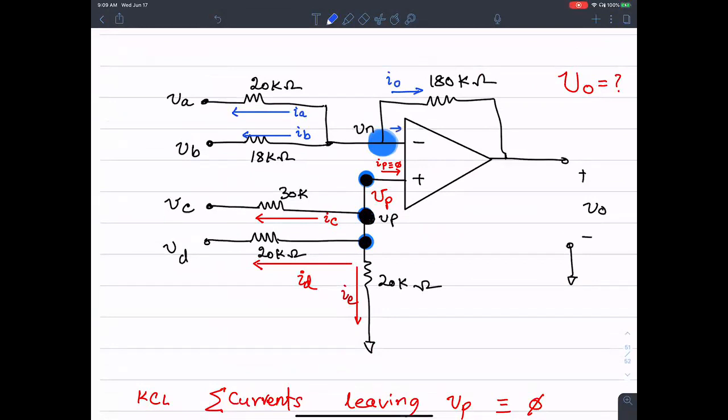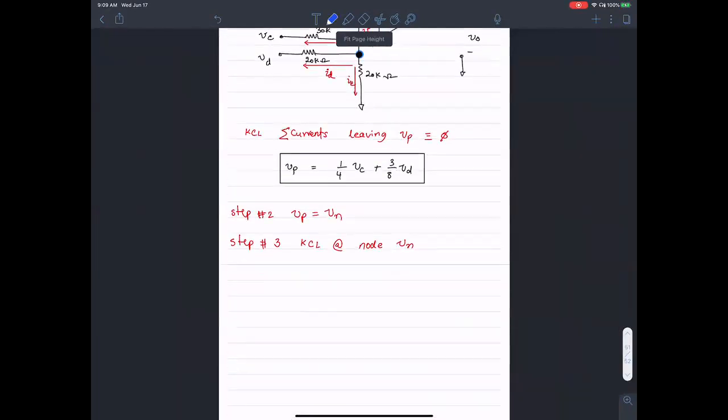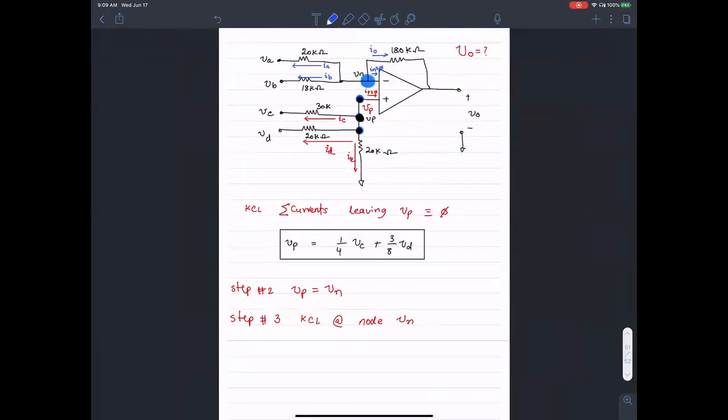And let's not forget the little IN here, which is 0 anyways. So when we write the KCL at node Vn, it comes out as IA plus IB plus IO, all equal to 0.